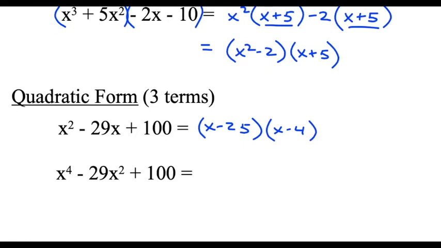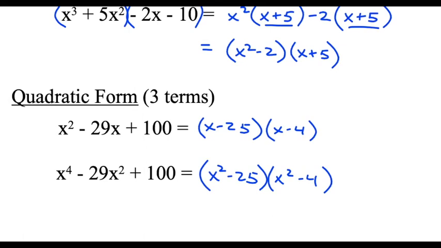This is considered quadratic form because that middle term, if you were to square its variable, it'll still lead you to the front term. This will factor to x squared minus 25, x squared minus 4. So notice the only difference in the factorizations: now I need powers of 2 on x because this was a power of 4 here.